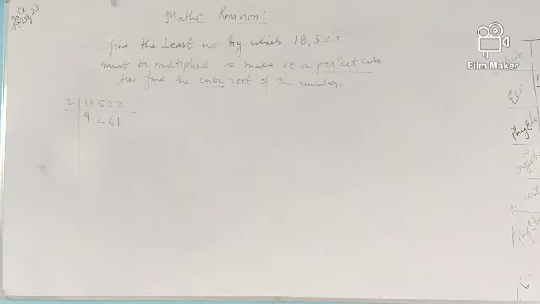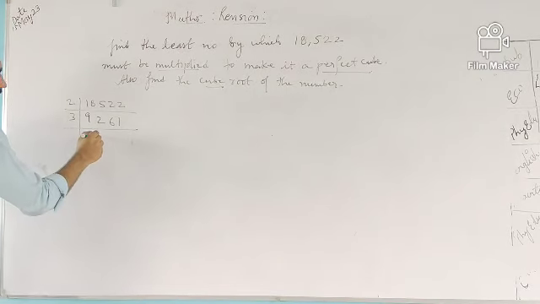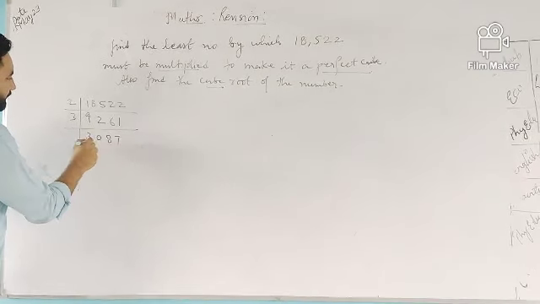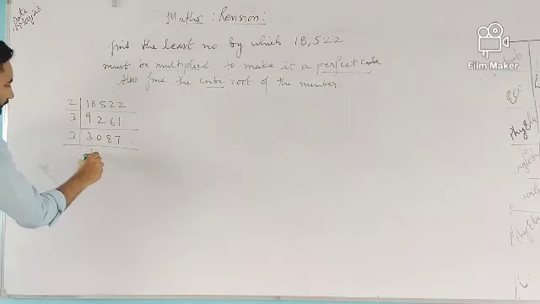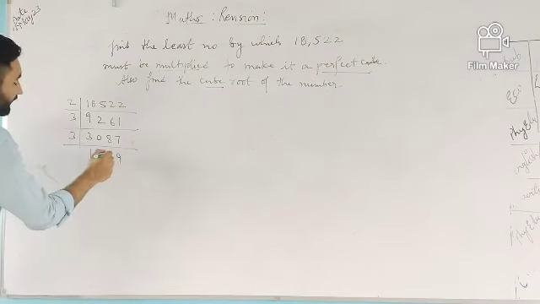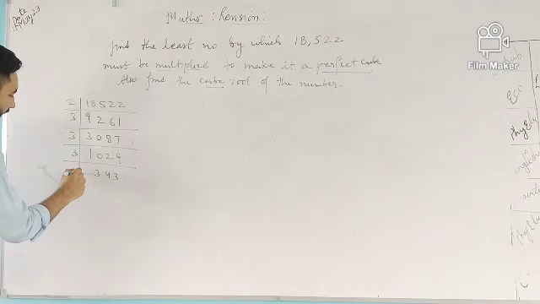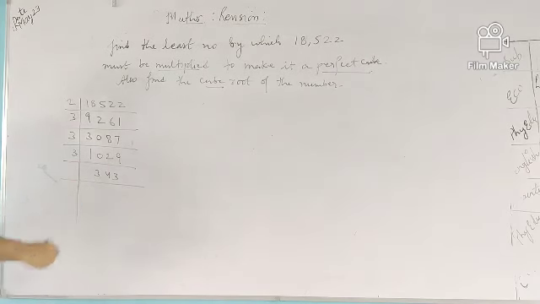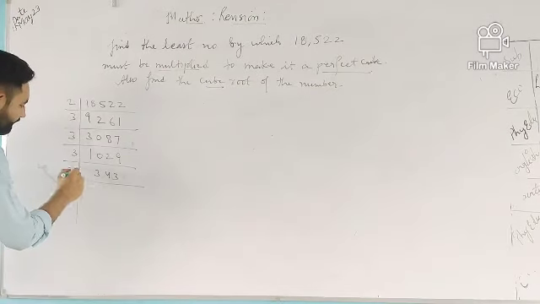Here, 2 9s are 18, 2 2s are 4, 2 6s are 12, 2 1s are 2. Now 3 3s are 9, we put a 0 in between. 3 8s are 24 and 3 7s are 21. Now 3 1s are 3, 3 2s are 6 and 3 9s are 27. After that it becomes 343. Now as we know, 343 is divisible by 7.